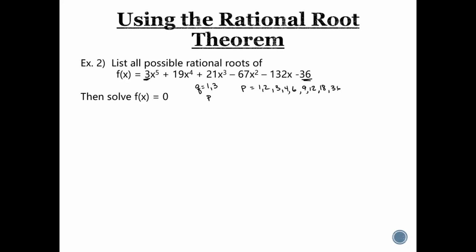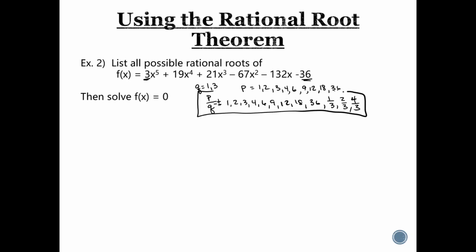So to find the rational roots, it'll be plus or minus 1, 2, 3, 4, 6, 9, 12, 18, and 36. And then, of course, I can put them all over 3. So 1/3, 2/3, 3/3 is 1, 4/3, 6/3 is 2, 9/3 is 3, 12/3 is 4, 18/3 is 6, and 36/3 is 12. So they're all listed. So these are my possible roots.